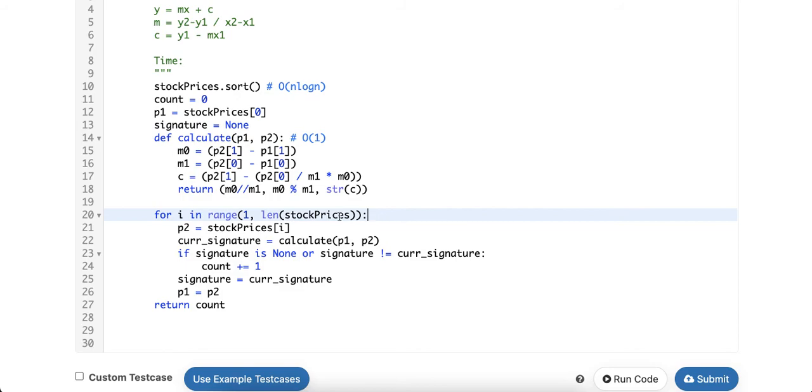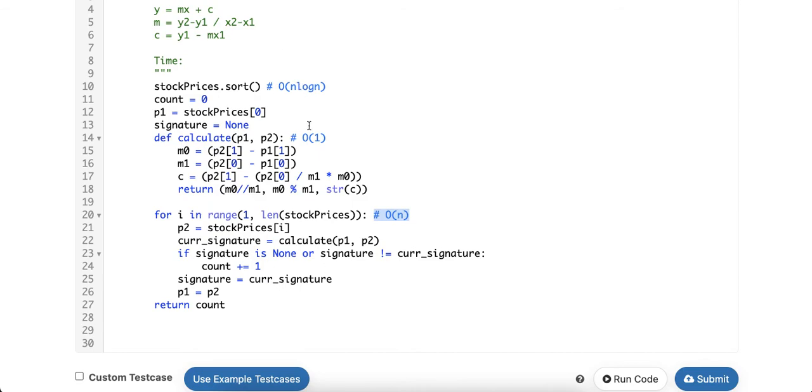This one is big O(n) because it's looping over all of the stock price data points. This calculation is just big O(1), just comparison, increment, and assignment. So in total this just costs us big O(n).